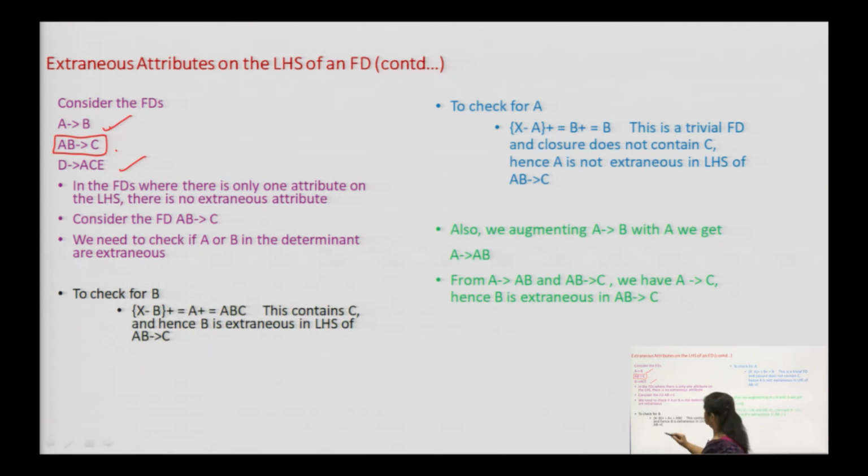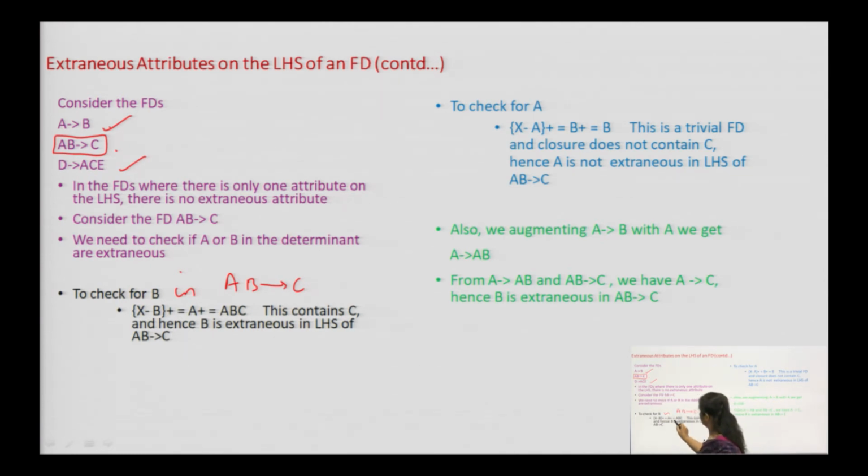Let us do that. To check for B in AB to C, that if B is extraneous, X is AB. AB minus B closure will be obviously closure of A, which will be ABC. Why?